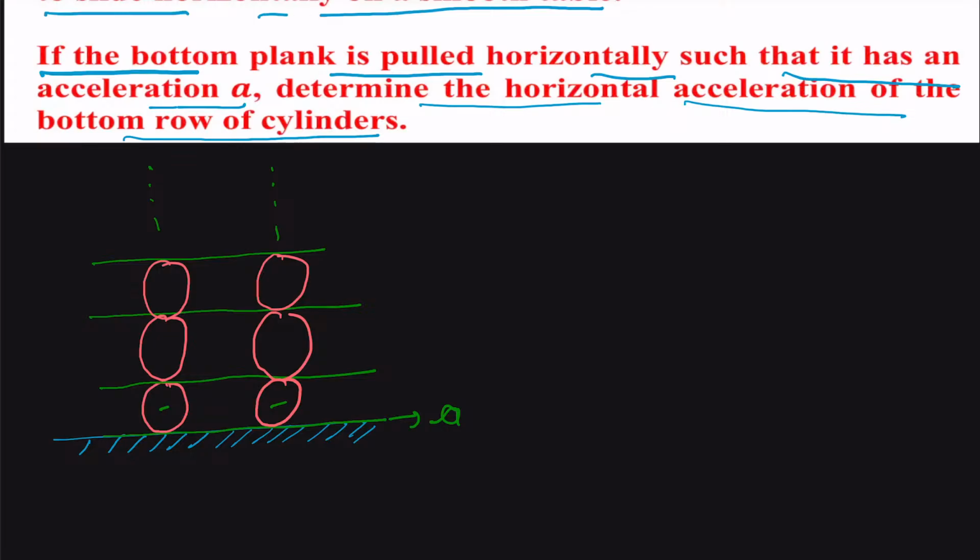So in this case we are going to consider the bottom two and try to solve it, and that can be replicated above because everything is the same. Because all these cylinders have the same radius and are identical, in place of two we are going to consider only one cylinder.